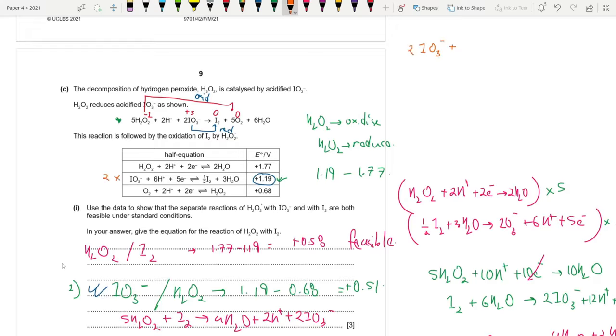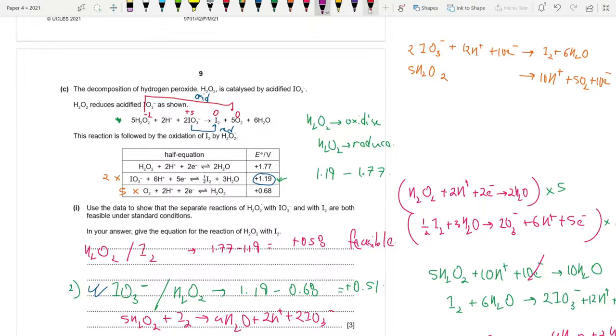So 2 molecules of iodate, 12 molecules of H plus, 10 electrons. Then 1 molecule of iodine and 6 molecules of water. On the other hand, for this one, we need to multiply this by 5 and we have to reverse it, or else it won't work. So 5 molecules of hydrogen peroxide is being converted to 10 H plus, 5 O2 and 10 electrons.